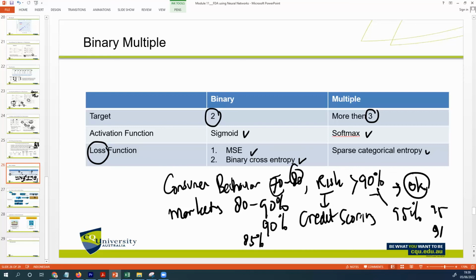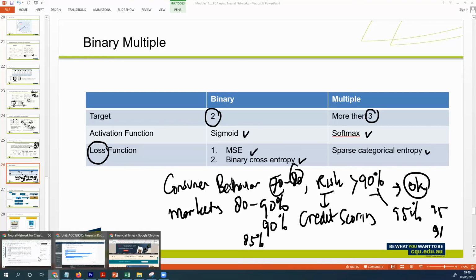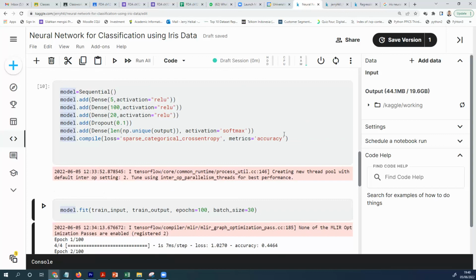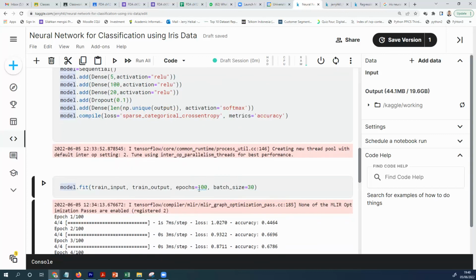Okay, got it, Pak. And sorry, Pak, can you repeat the part about changing the epochs to make the accuracy higher? If you consider the model is not within your expectation, you can change the epochs from 100 to 200 or 1000.